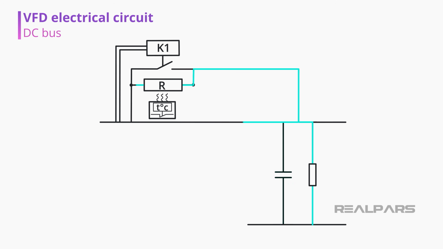Once the VFD controls identify that the DC link is fully charged, it will then close the contact, becoming the path of least resistance for the electric current. In the scenario of the contactor not closing and the VFD still starting the motor, the current flowing through the resistor will increase, which will overheat the pre-charging resistor. The thermostat will then act, and it will disarm the VFD due to overheating.